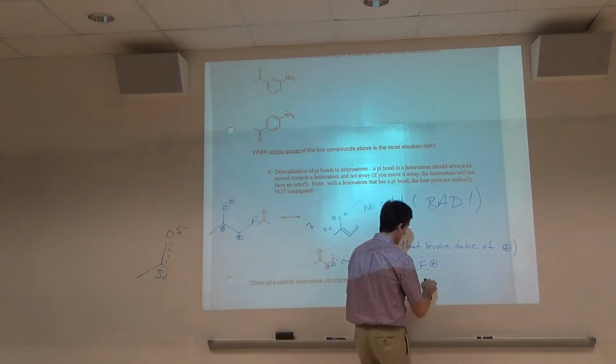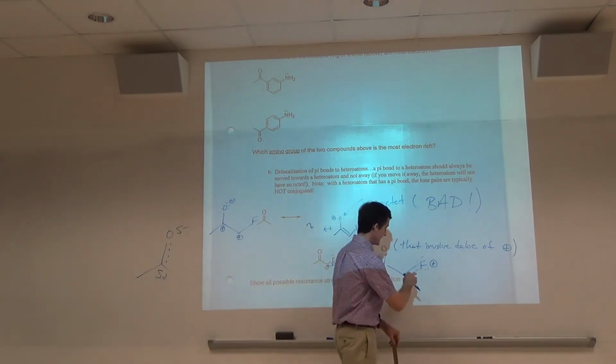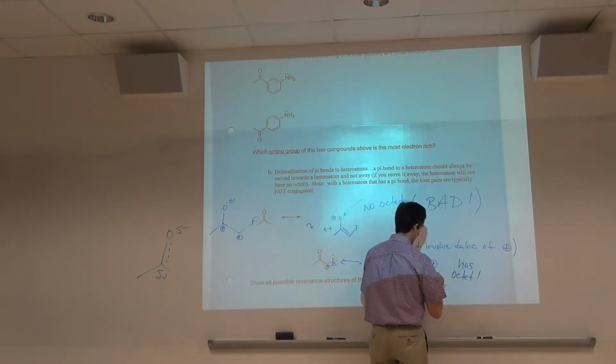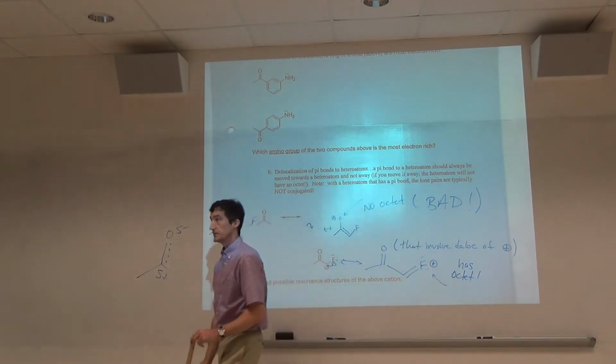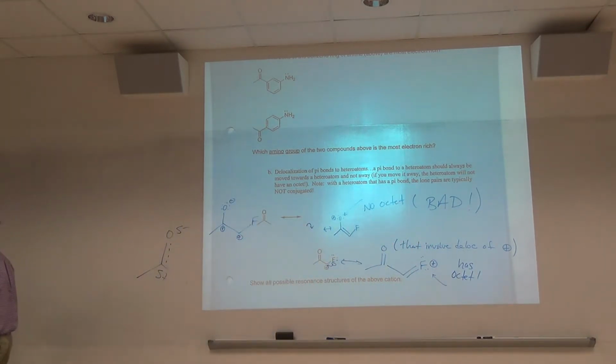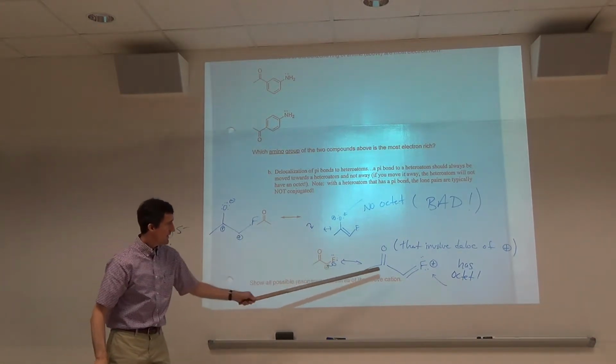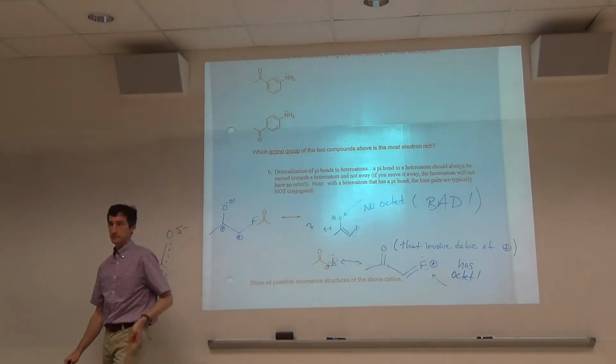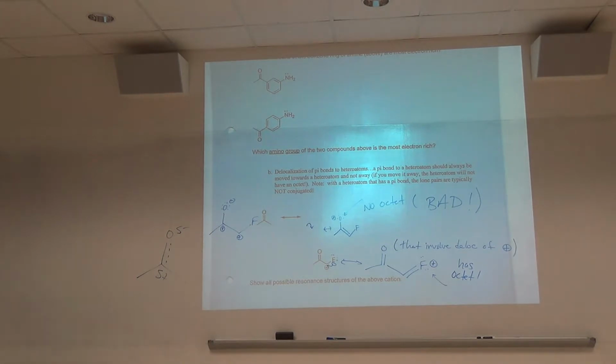Well, it does, but it's still sort of a nice guy. It does have an octet. It does have 8 electrons around it. That's doable. And if you take a picture of this molecule, there's some partial plus on the carbon and some partial plus on the fluorine. Charge is delocalized.